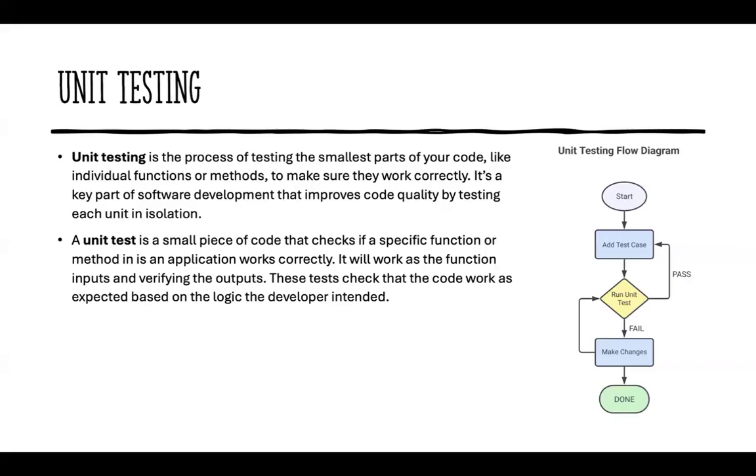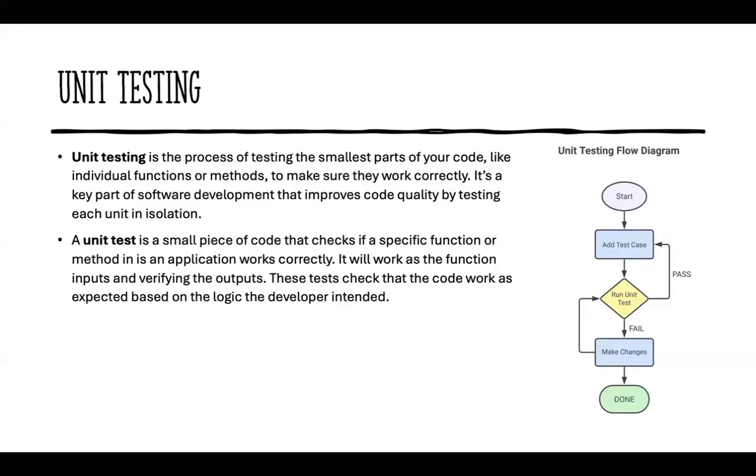A unit test is a small piece of code that checks if a specific function or method in an application works correctly. We want to see that each component of the whole system is working correctly. So we split it into units for individual functions and methods, and then we test each individual method.